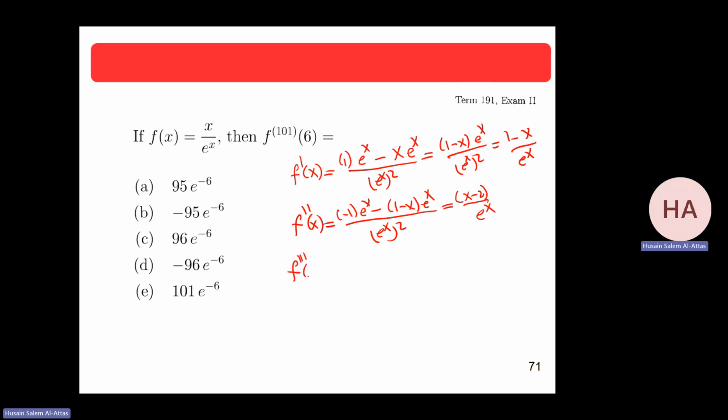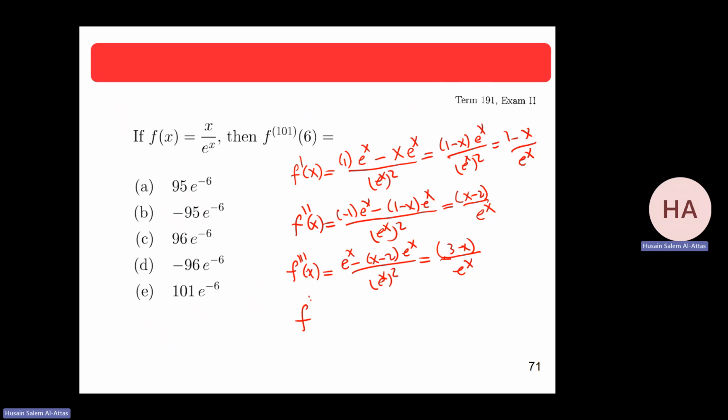Third derivative. That will be what? e to the x minus x minus 2 e to the x over e to the x squared. That will be 3 minus x over e to the x. No need for the square since I cancelled with one of these.